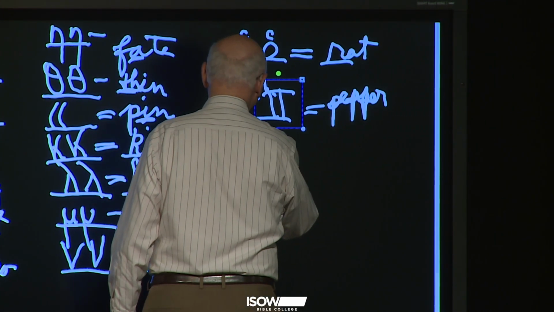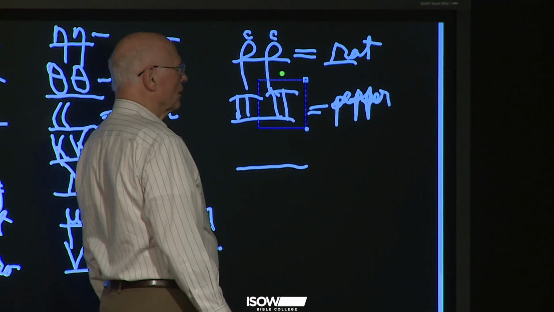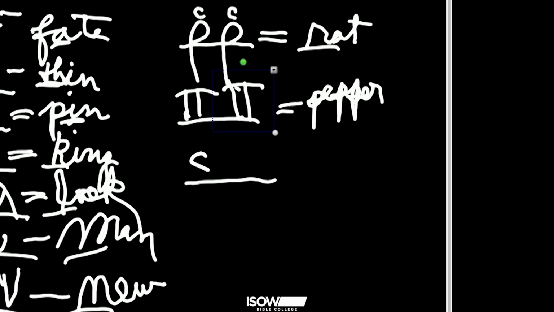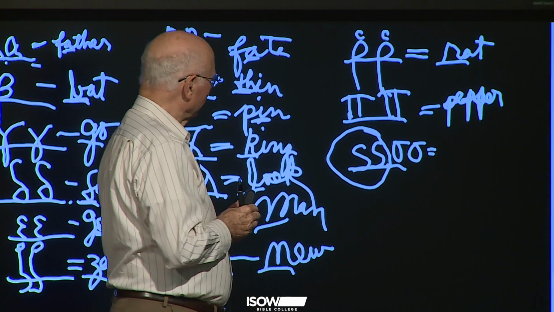The next letter can be formed in two ways. One, it can be formed like an English S. It's the sigma, formed like the English S. Or it can be formed like this. When it is formed like the English S, it is either part of the internal spelling of the word or on the end of the word, the last letter of the word.